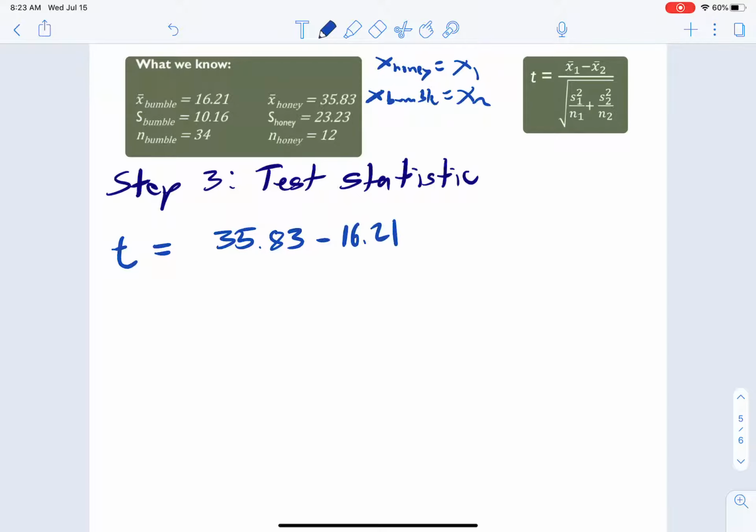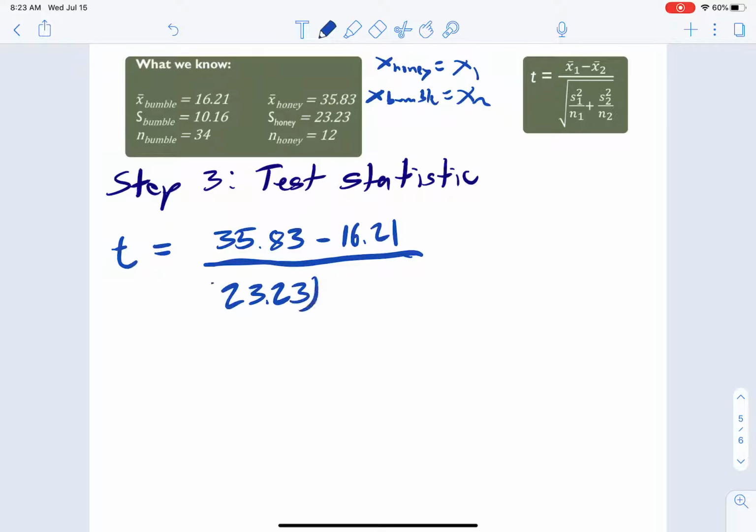All right. And then the standard error formula, or just the denominator, if we're just trying to take it one thing at a time. We've got to take the sample standard deviation of the first one and square it, and that brings us to the sample variance. Technically that's what's going on, but you could go your whole life without knowing that, and I'm okay with that.